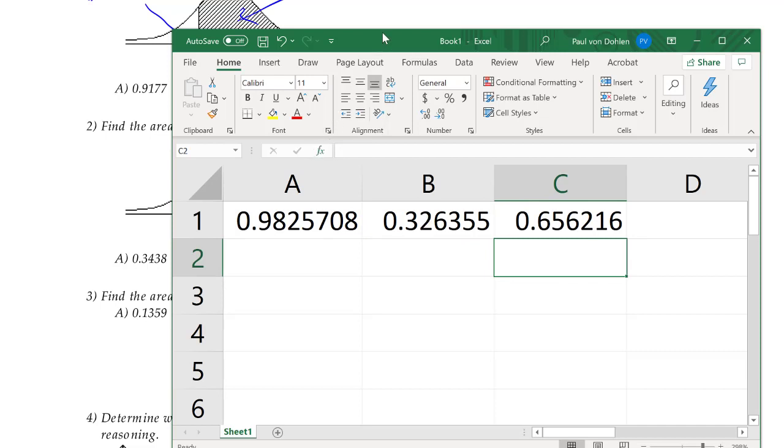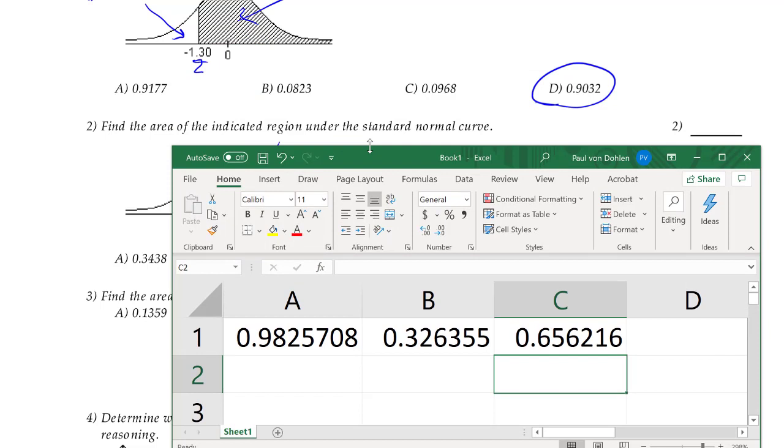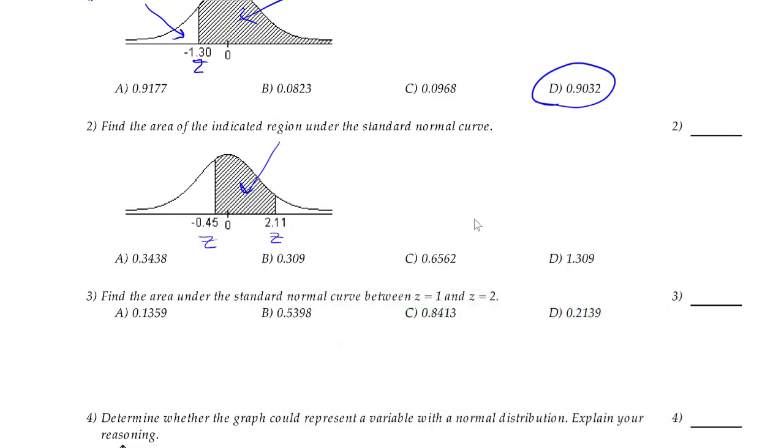So if I put these numbers back in, I had about 0.9826 minus 0.3264, and that's going to leave me with C, 0.6562.